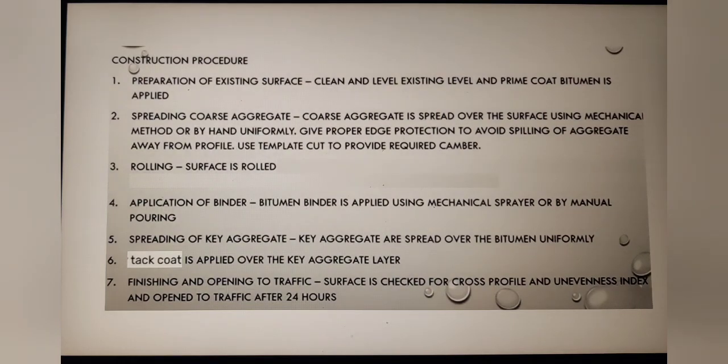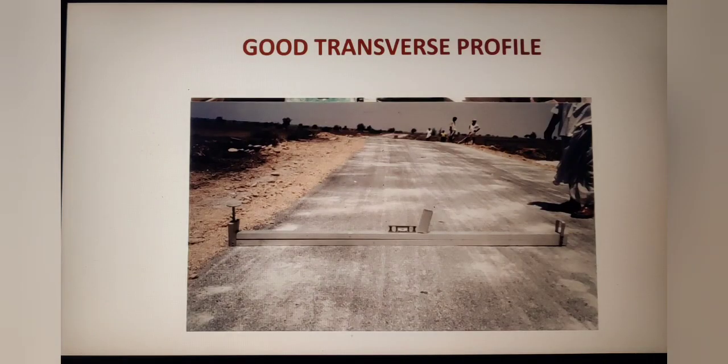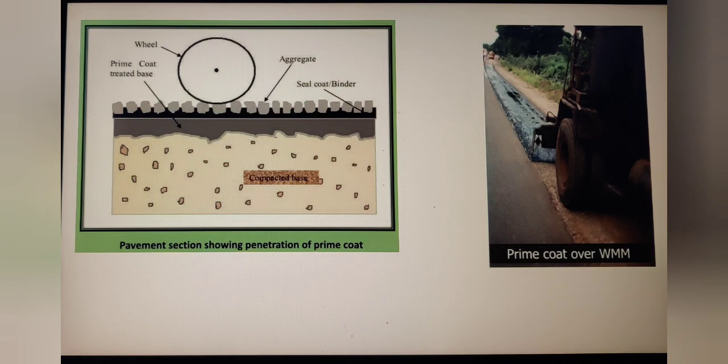So next we will see the detailed construction procedure. First step is the preparation of the existing surface. We have to clean the surface, that is we have to clean the subbase course and apply the prime coat. Prime coat bitumen is applied on top of the subbase course. Here you can see the prime coat is applied over the subbase.